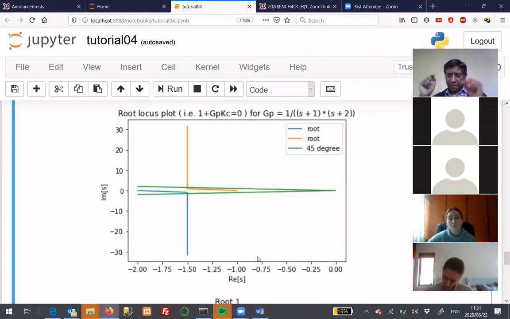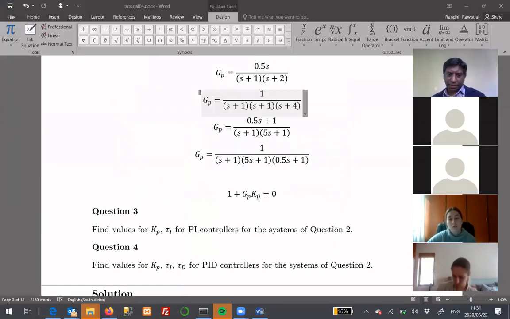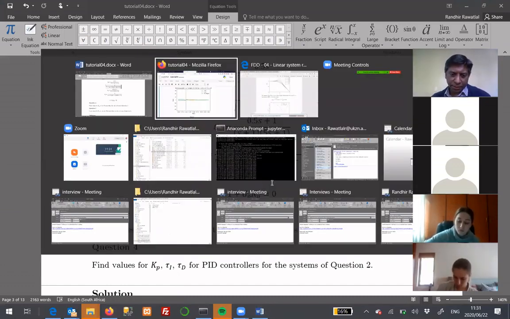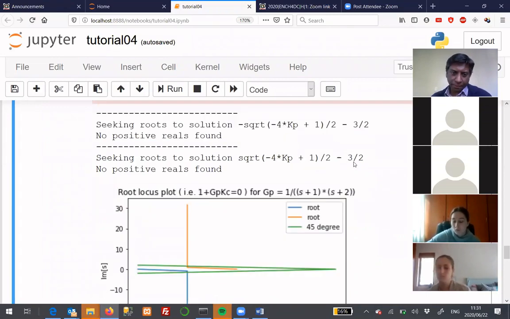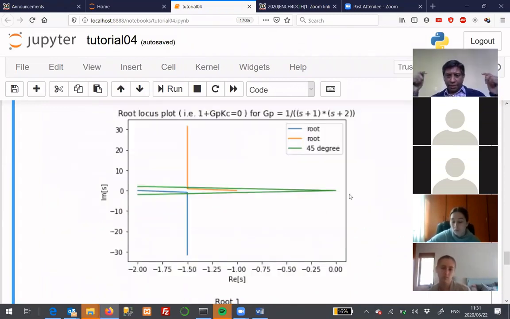We are getting different roots because for different values of Kp, we get a different value of the root, right? Because of course, this is our equation. In fact, let's look here. This is the root. So for different values of Kp, we get different values of the root. So our root is varying like this.